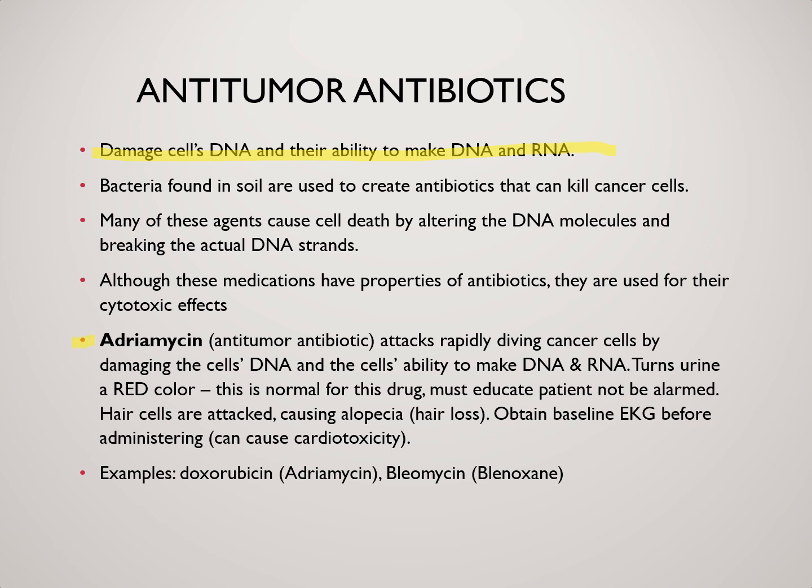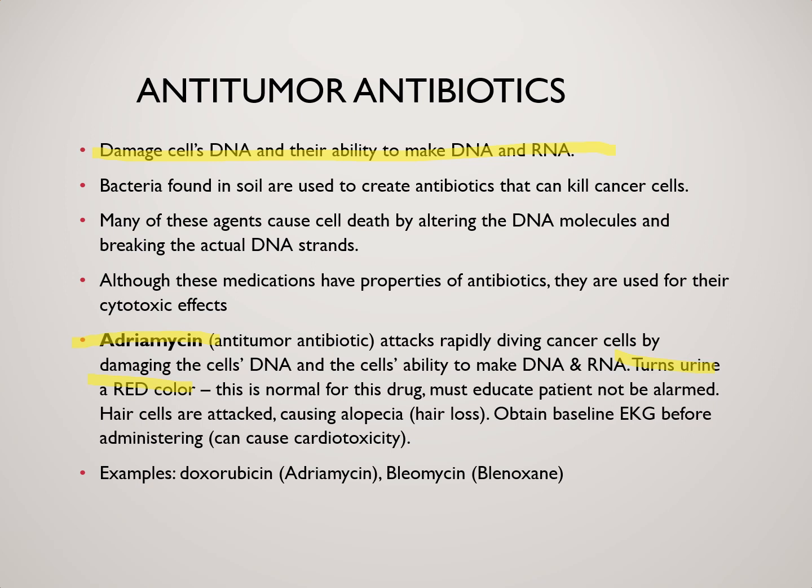So the one I want you to remember here is the Adriamycin that we mentioned on the previous slide. Just remember, it turns the urine red, and make sure you teach your patient about that. Otherwise, it's very alarming, very scary for them. It's not blood in their urine, it's just the medication causing the color change.